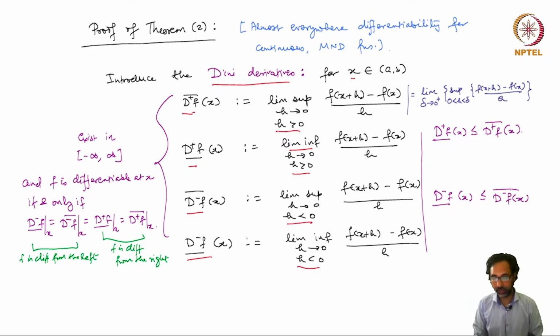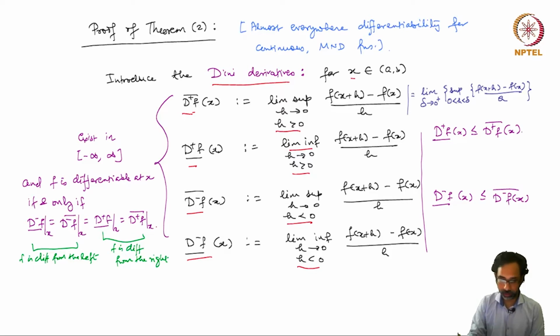So these are the Dini derivatives, and we will show that for almost every x in this interval (a,b), we can leave out the points a and b because they are of measure 0, all these Dini derivatives coincide, and so the function f, when it is continuous and monotonically non-decreasing, will be differentiable for almost every x in (a,b).